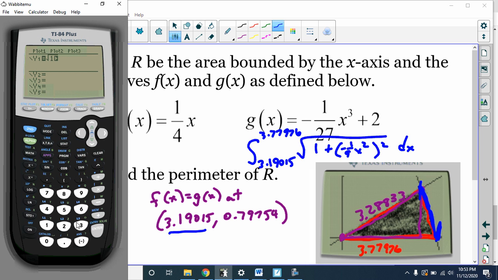So we've got square root of 1 plus negative 1/9 x squared, squared. And our bounds are here. 3.19015, 3.77976. And this side is 0.992899.